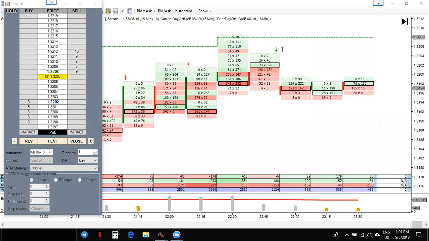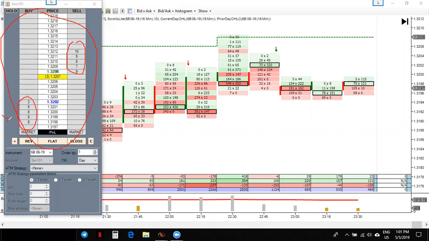Some of you have the footprint chart, some of you don't, so it's okay. I have the DOM over here, the depth of market, which shows the limit orders that have been placed in the market when the price goes up, and we have limit orders when price goes down.